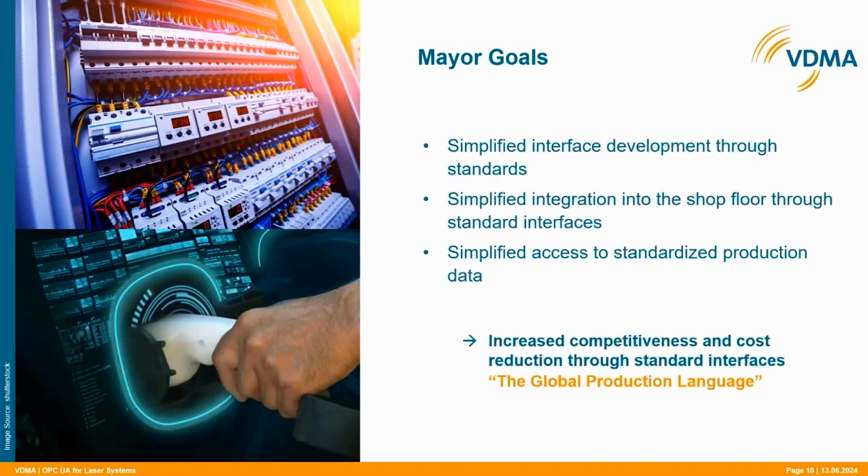Here you can see the major goals. Smart production needs simplified interfaces, simplified integration into the shop floor, and simplified access to standardized production data. For this, we need standards, a global production language.